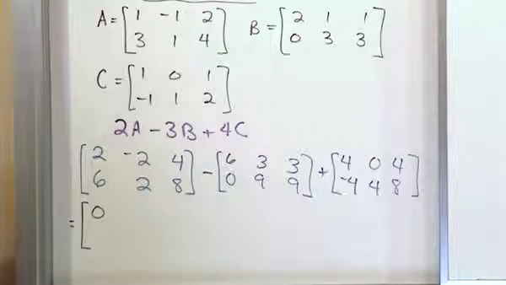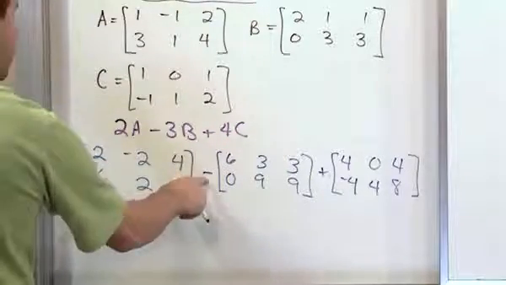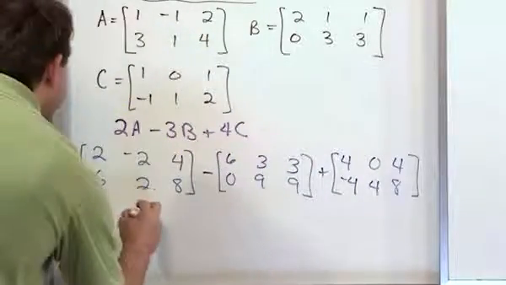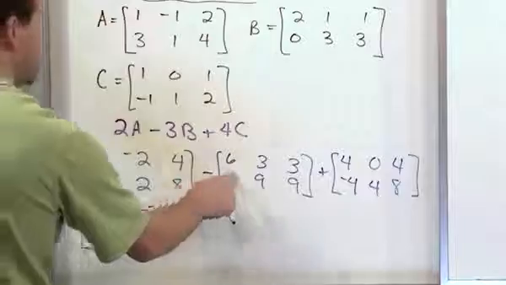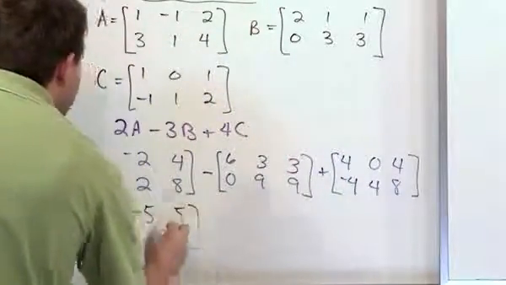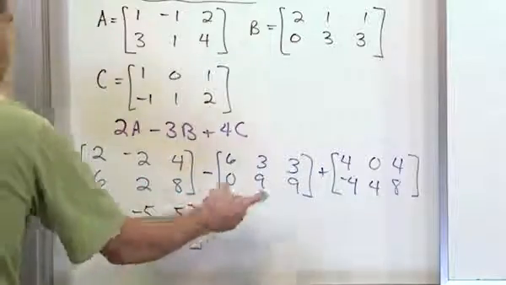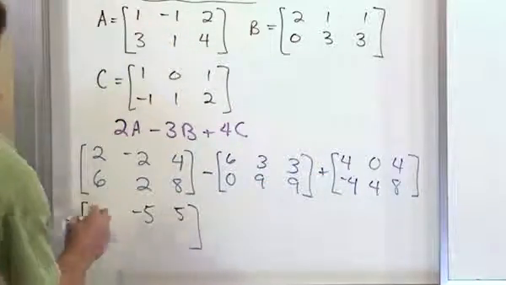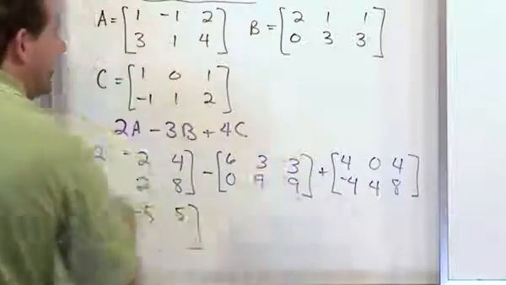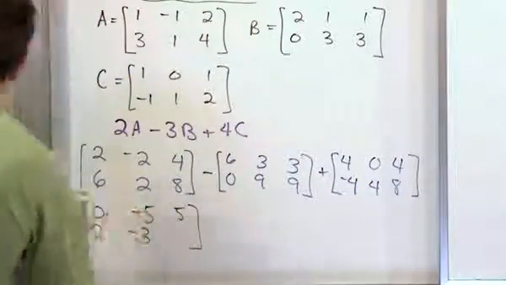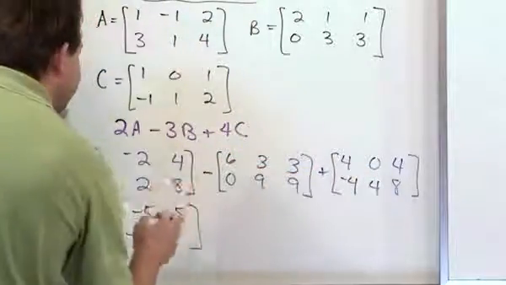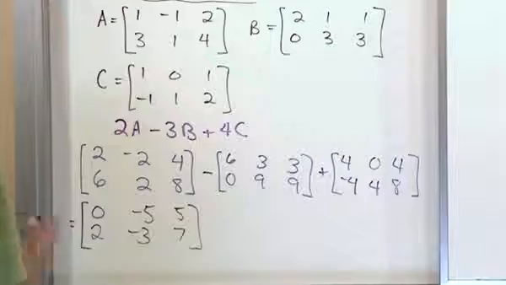That goes in the first position. -2 minus 3 gives us -5, plus the 0 gives us -5. 4 minus 3 gives us 1, and 1 plus 4 is 5. 6 minus 0 gives us 6, plus -4 gives us 2. 2 minus 9 gives us -7, plus 4 is -3. And finally 8 minus 9 gives us -1, plus 8 is positive 7. So this is the answer.